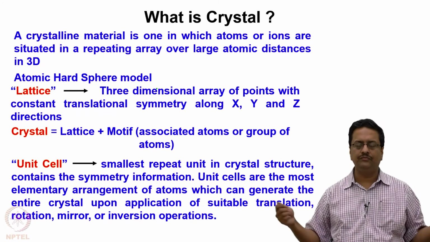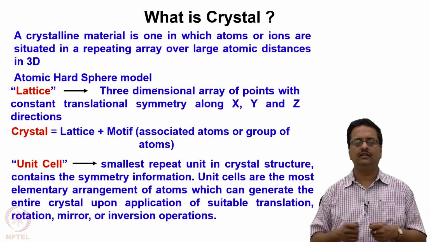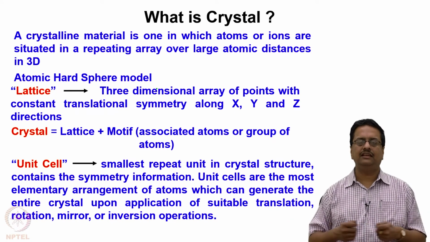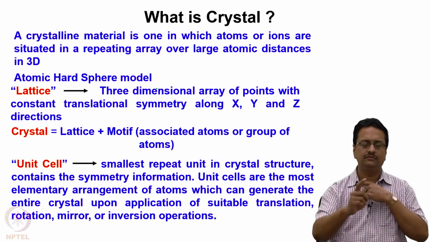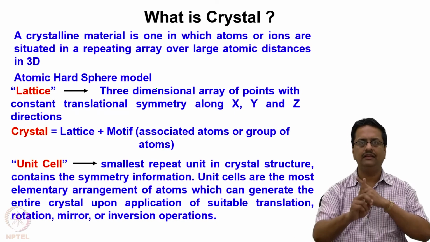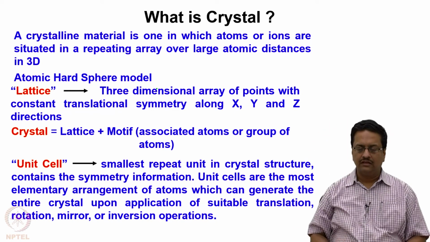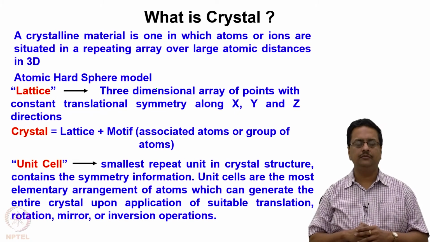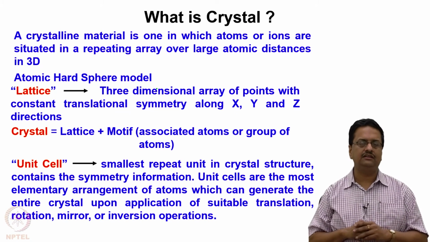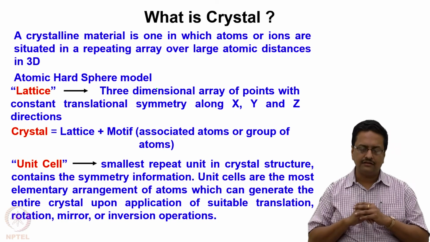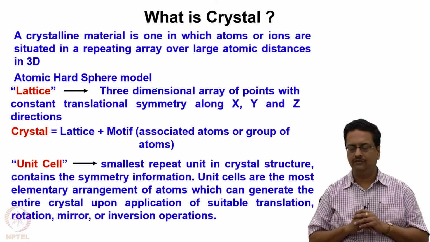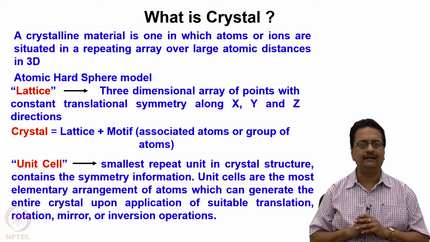So, this is periodic in one direction, and the same periodicity is valid in both x, y and z direction. So, that periodicity is the most important aspect in crystal structure, and that has to be always maintained to have a crystal lattice.